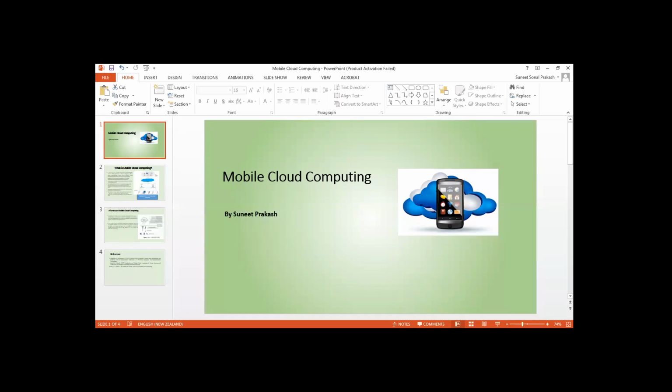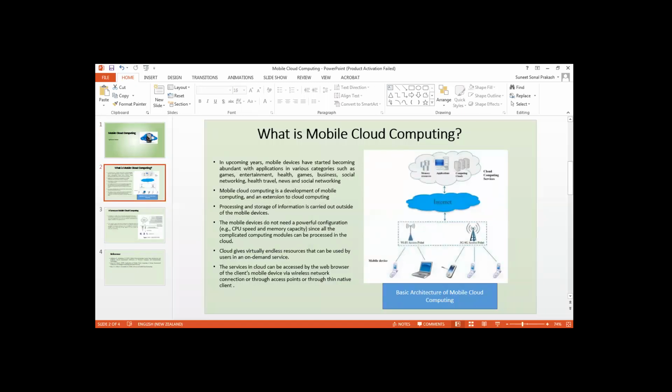I'm just going to give you a short summary of what mobile cloud computing is about. First of all, we all know that mobile devices are very common nowadays. And now mobile devices are becoming abundant with applications in various categories, such as games, entertainment, health, business, social networking, travel, and news.